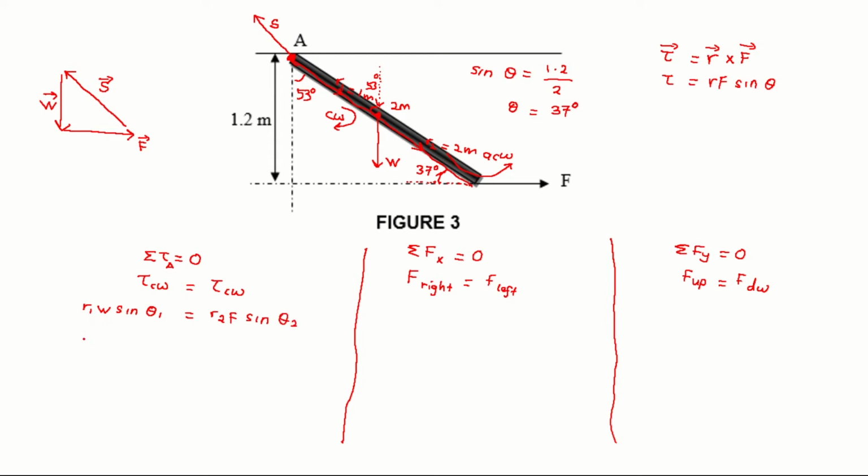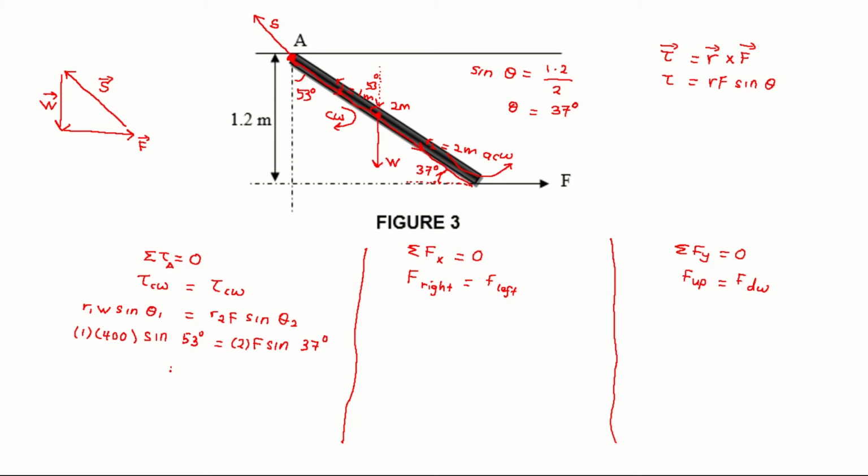R1 equals 1 meter and weight 400 Newton, sine 53 degree, equals R2, 2 meter, times F times sine 37 degree.